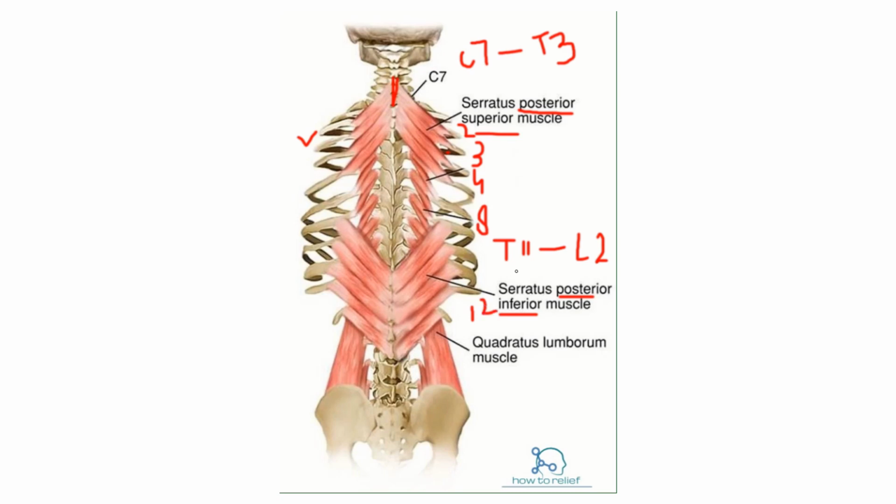Okay. So it attaches at the inferior border of 8th to 12th rib, and as it attaches on the inferior border and is present inferiorly, what will it do? It will depress the ribs, it will move the ribs downwards, and it is also supplied by anterior rami of T9 to T12 thoracic spinal nerves.